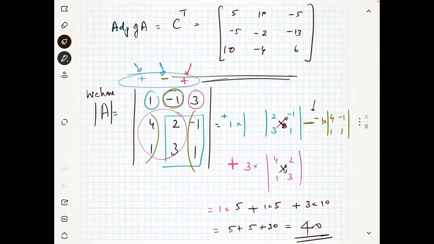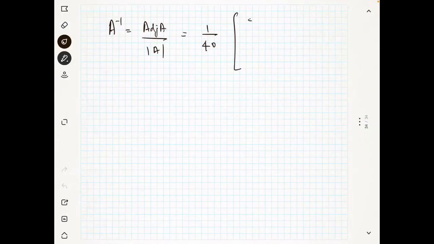So you can find now A inverse as the adjoint of A by determinant of A, which is equal to 1 by 40, because determinant is 40, and the adjoint is the cofactor transpose, you have already found it: 5, 10, minus 5, then minus 5, minus 2, 13, then 10, minus 4 and 6.